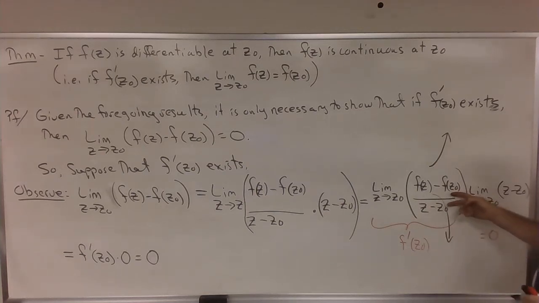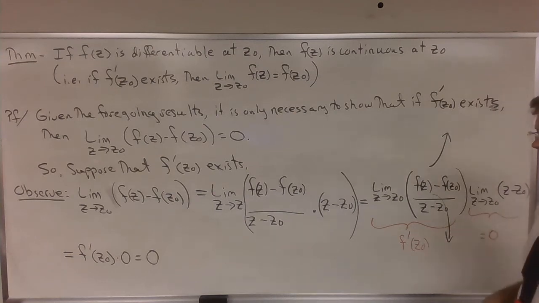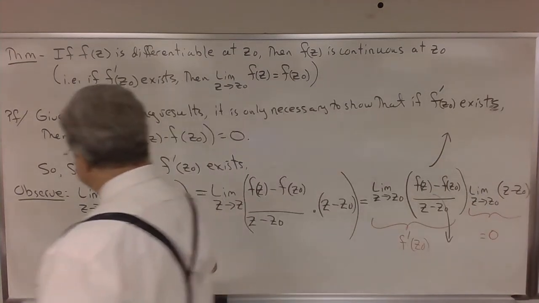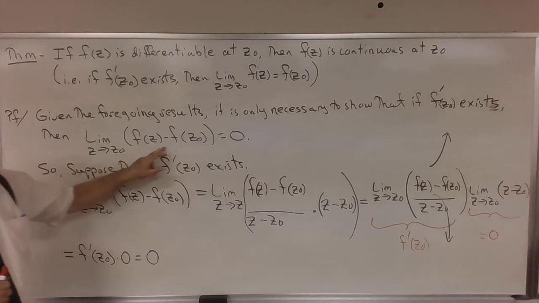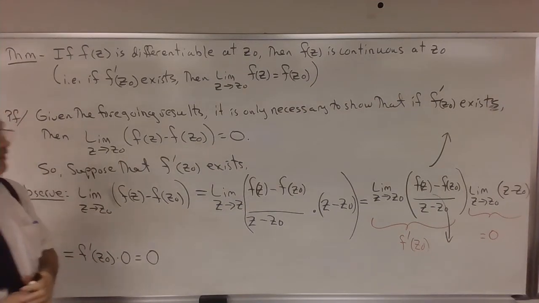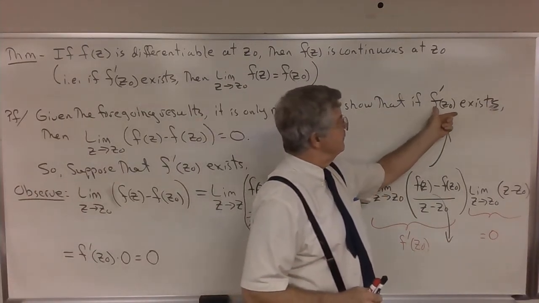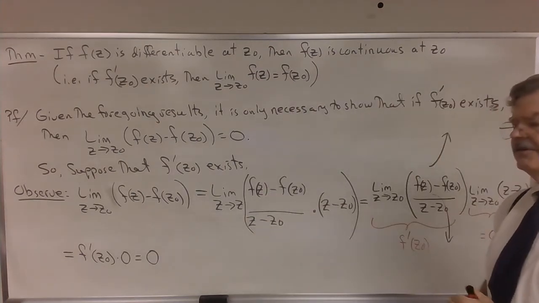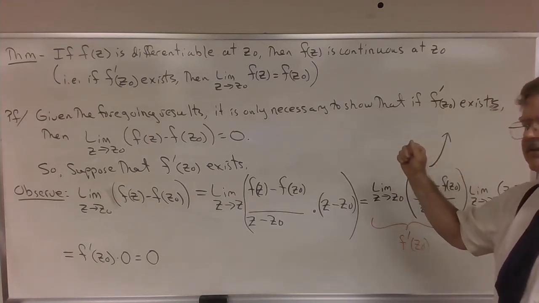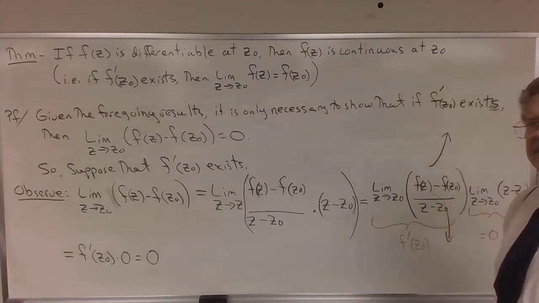But the fact that this expression exists and it's a real number means that the limit will be a real number times 0, therefore 0. So essentially we proved that this limit equals 0, given that f is differentiable at z0. So even for complex valued functions, if a function is differentiable, it's also continuous.